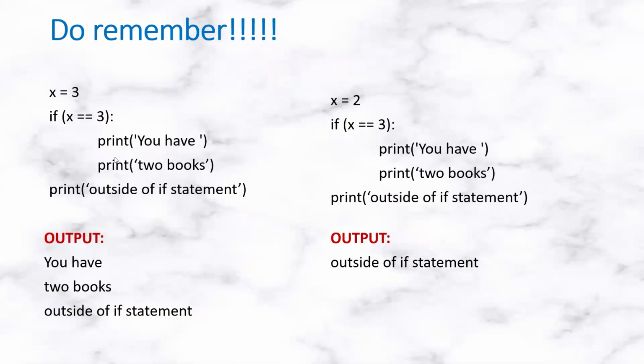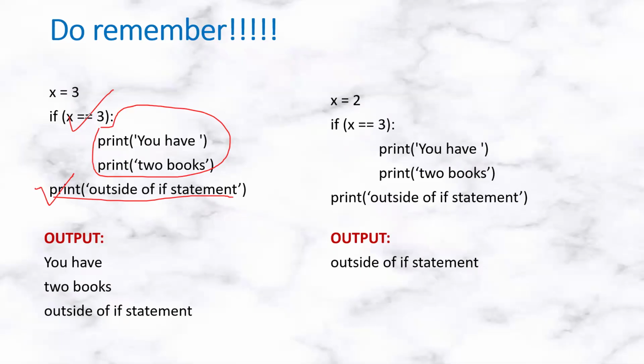Now, a few more things. I've referred to it in the previous part, but I'm repeating again. Seeing the first part of the code, these two lines are part of the if statement. This is outside the if statement. So whether the condition is true or false, this statement will definitely be executed. You can see the comparison here.